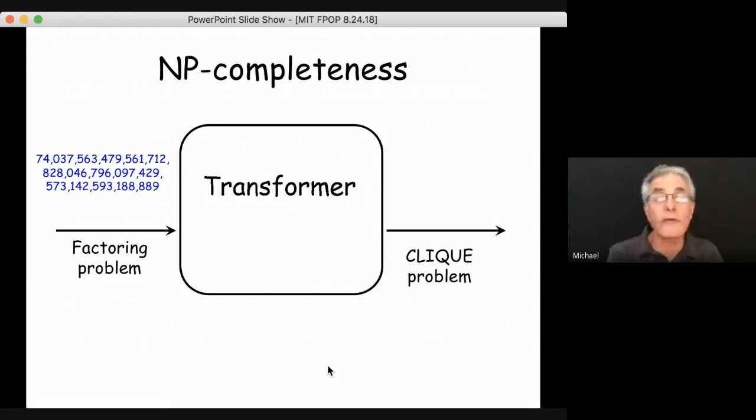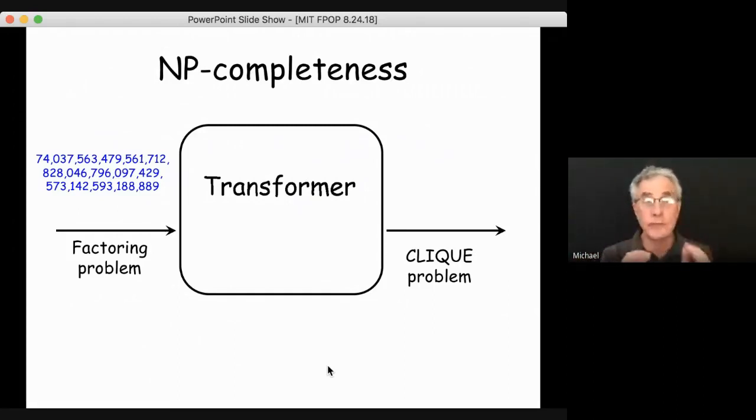And there's a cool fact that tells you that the factoring problem and the clique problem actually are related to one another, even though they superficially look different. More precisely, if somebody finds a way of solving the clique problem without searching, then it gives you a way of solving the factoring problem without searching, even though the two problems look like they have nothing to do with one another.